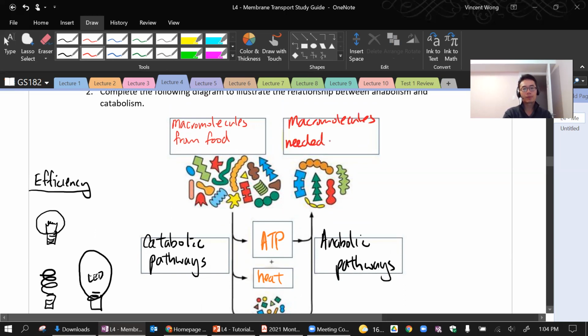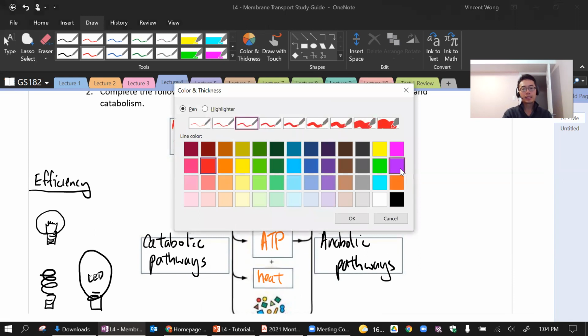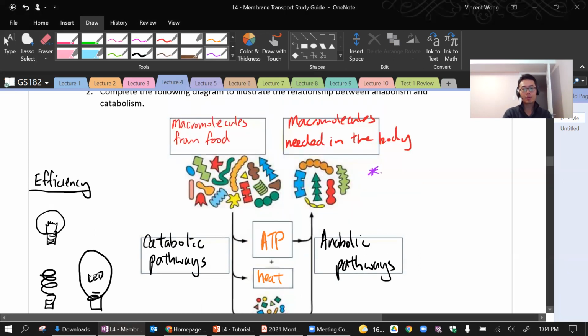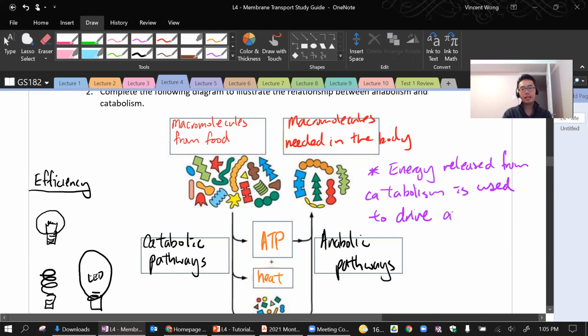And then in the end here, we'll have macromolecules needed in the body. So essentially, the key thing here to remember is energy released from catabolic reactions, or catabolism, is used to drive anabolism.